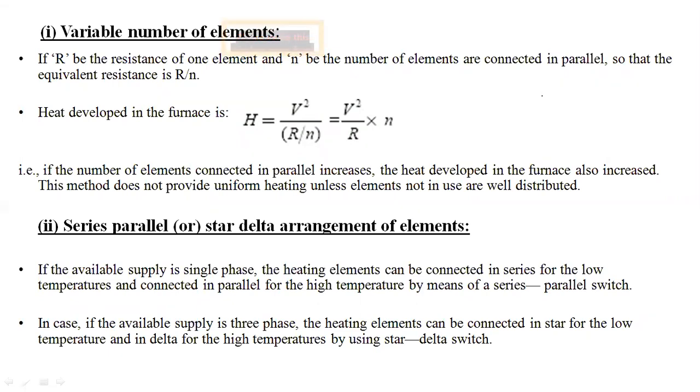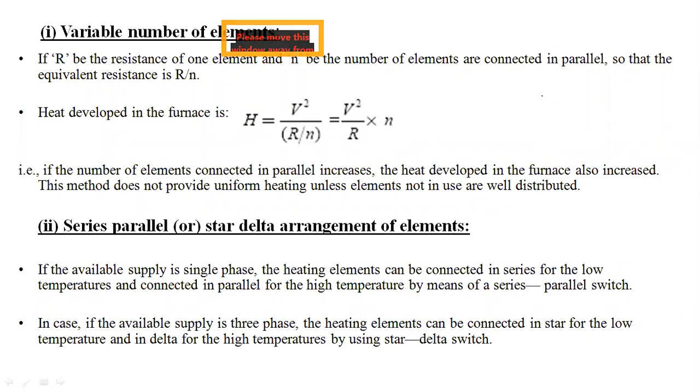In the previous design of the heating element, we considered the Stefan law, that is, heat dissipated H is equal to 5.72 into 10 power 4 into Ke into (T1 by 1000) whole power 4 minus (T2 by 1000) whole power 4, which was measured in Watt per meter square.